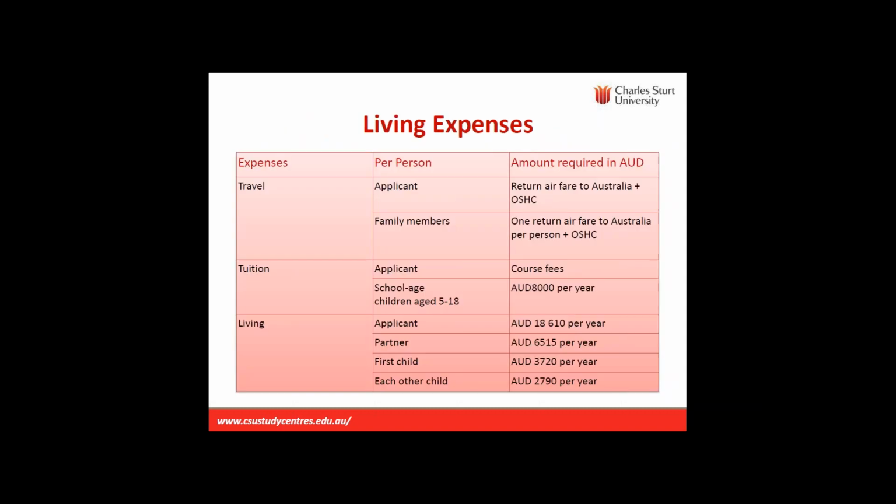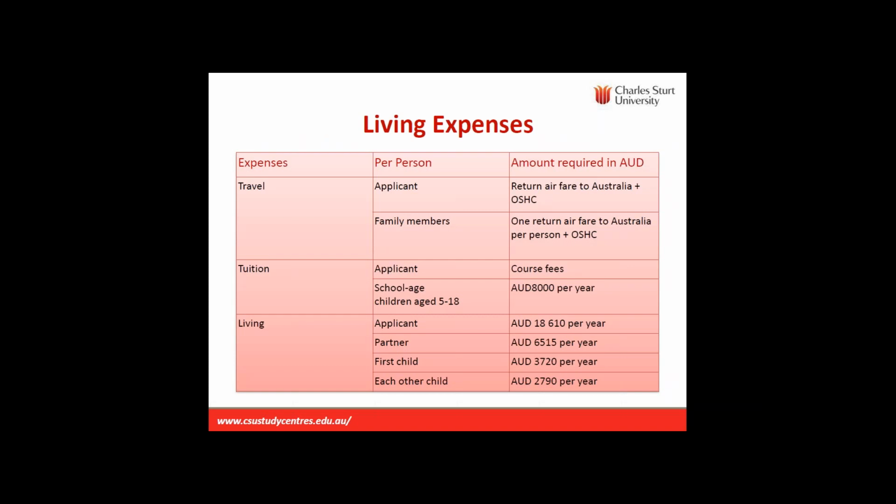Moving on, because we are running out of time. And so, the living expenses. For the financial documents, there is a certain amount that needs to be shown from the student side. In terms of travel expenses, we would need to show the return air ticket to Australia plus overseas students' healthcare insurance.